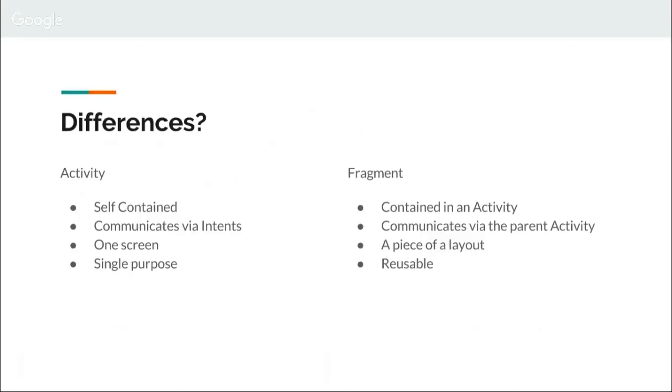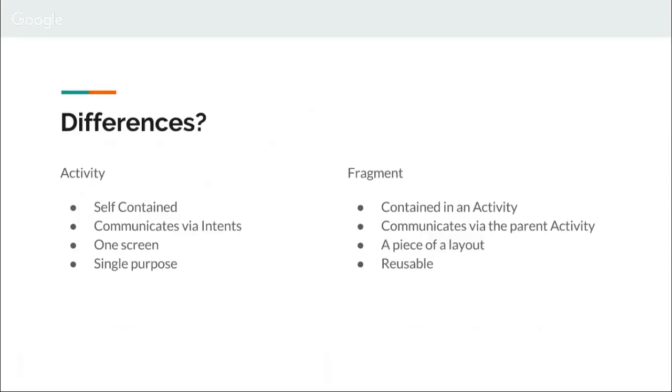Activities have one defined purpose, while fragments are not their own things. We can think about them as pieces of UI, and they are always contained in an activity. They have to communicate with other fragments and other activities through the main activity. And that's one of the disadvantages of using a fragment instead of an activity, that it has another step of communication.